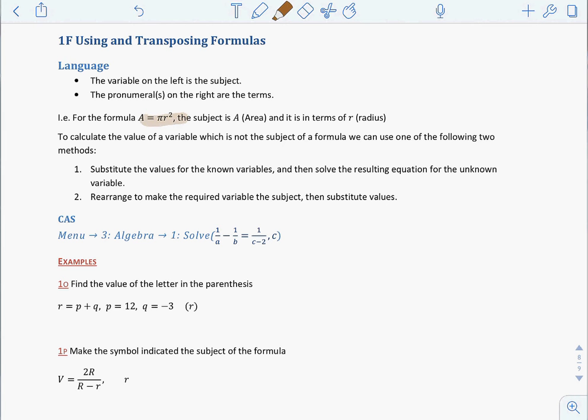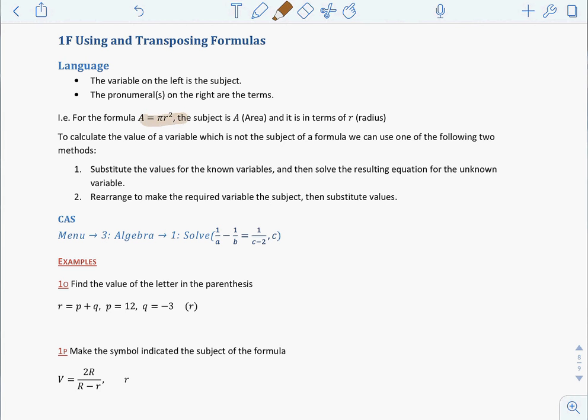This is important because you're often asked to find width in terms of length, or find the height in terms of radius and slant. You never know, okay? So you need to be able to say, this is what I'm finding, the subject, this is what it's in terms of.